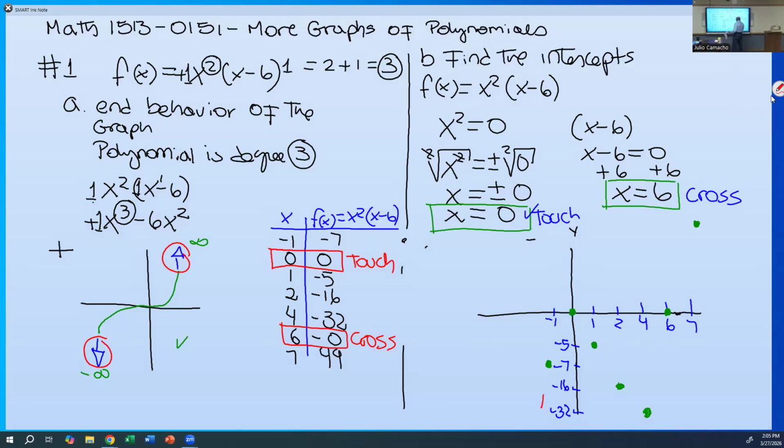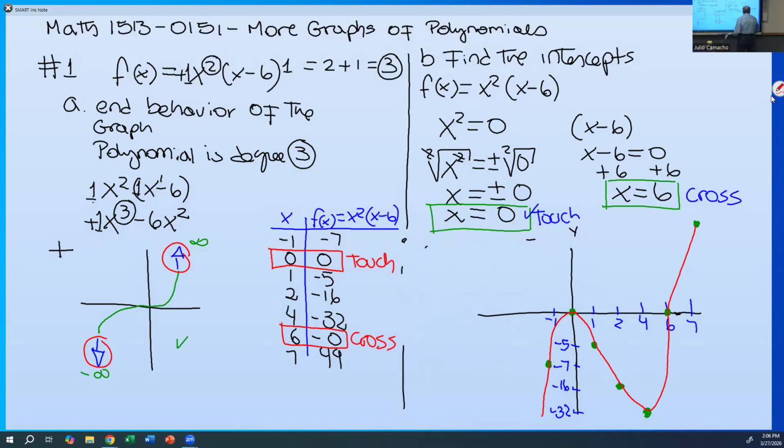Let's try to do one smooth graph without raising my hand. Sorry, I missed a point. Let's do it again. The graph comes from the bottom. It touches the 0, goes down here and goes up to this point.